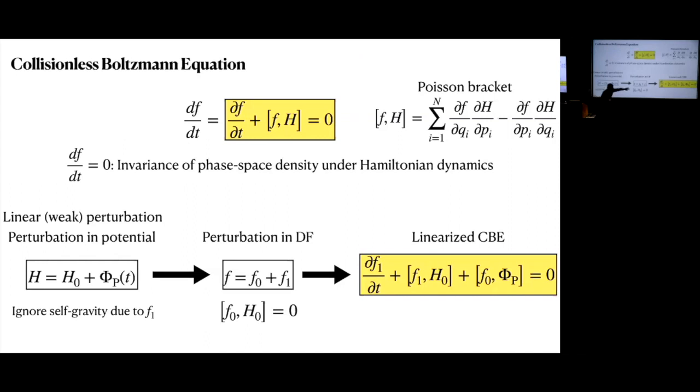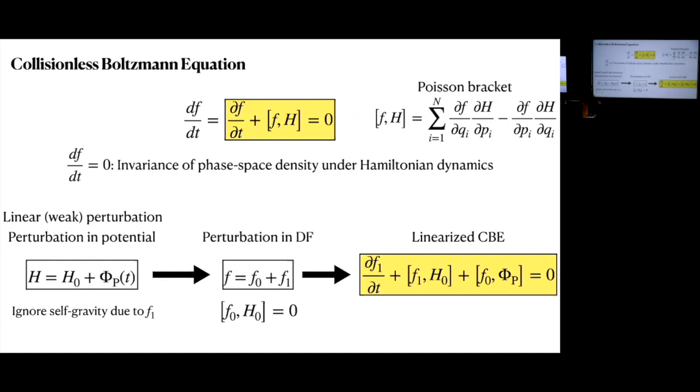Using this in that equation, we get the linearized form of the collisionless Boltzmann equation, which simply states how the perturbation of the distribution function changes as a function of time, given that you specify a perturbation in the potential.